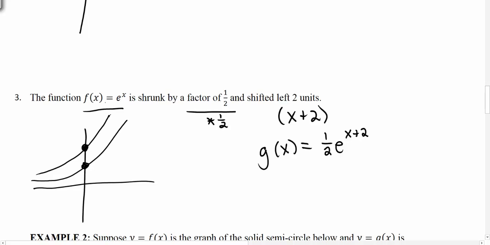And you can check that on your calculator. If you graph both e to the x and 1/2 e to the x plus 2, you can see how that all looks. So now we've taken the time to look at how we can graph both of these simultaneously and how we can represent the new function formulaically. Let's look at the next example where we'll study a graph and see if we can determine the transformations that were put upon it.